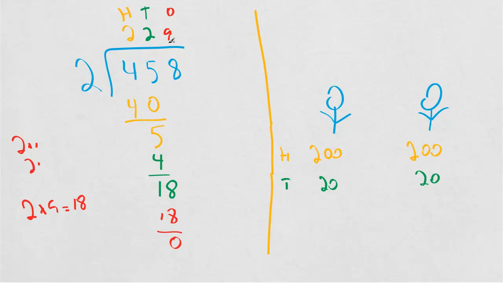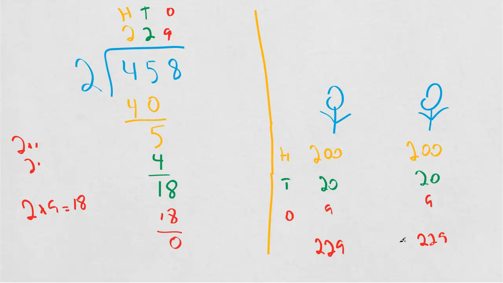So, again, this step that we did was the ones column. We distributed 9 ones. So let's just go ahead and do 9. Okay? So we went big picture, 220 and 9. So each one of these people received 229 items.